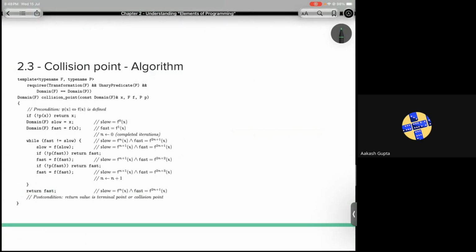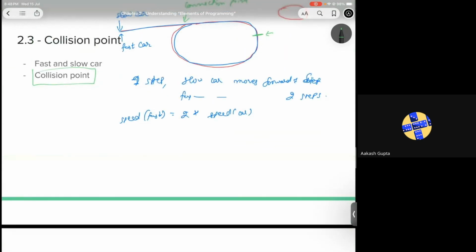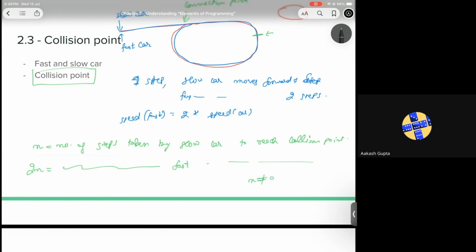Okay. So let's say in our entire discussion, we will denote by n the number of steps taken by slow car to reach the collision point. Now we have two choices for the fast car. If we assume, as usual, that 2n will be the number of steps taken by fast car to reach the collision point, then we have to take care of the case where n is not equal to 0, right?